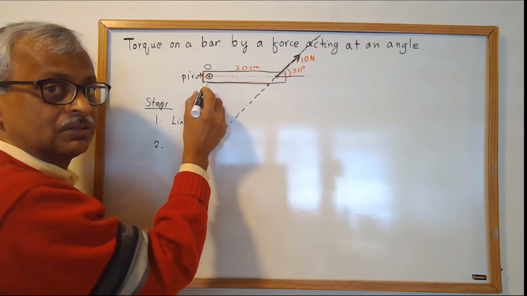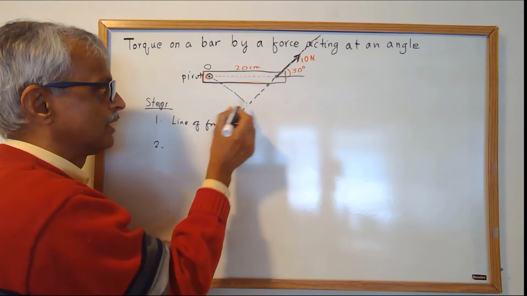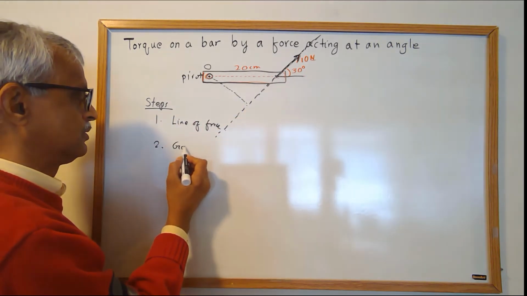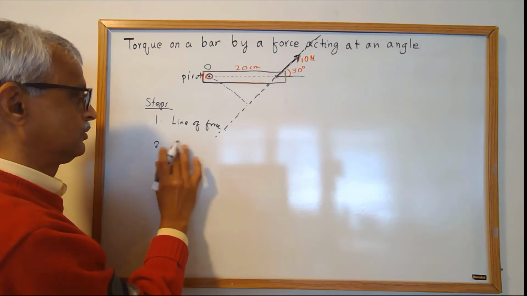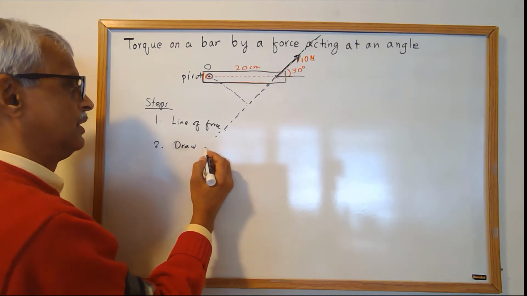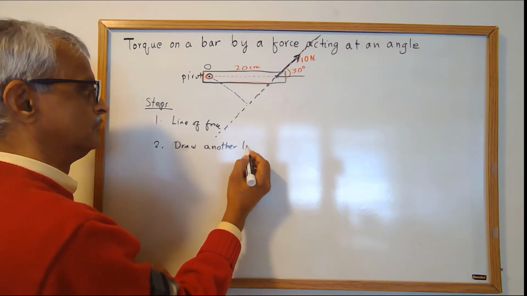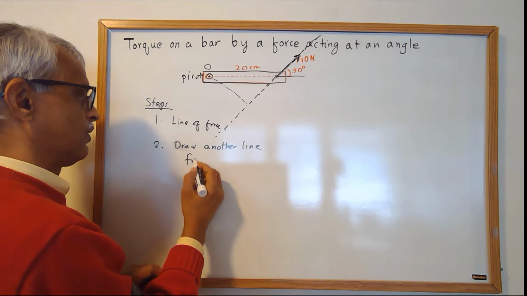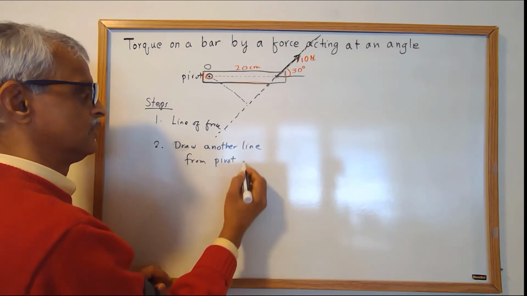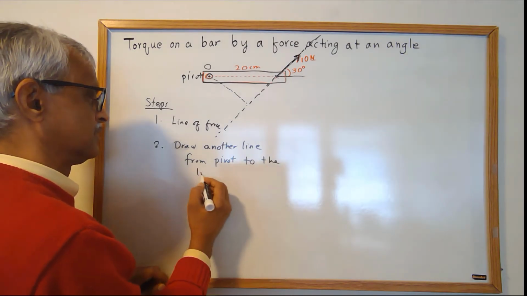So we draw another line from the pivot to the line of force.